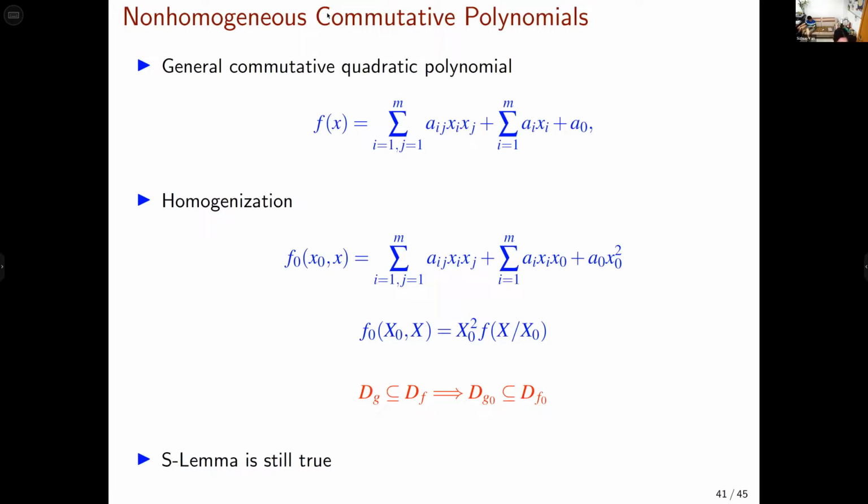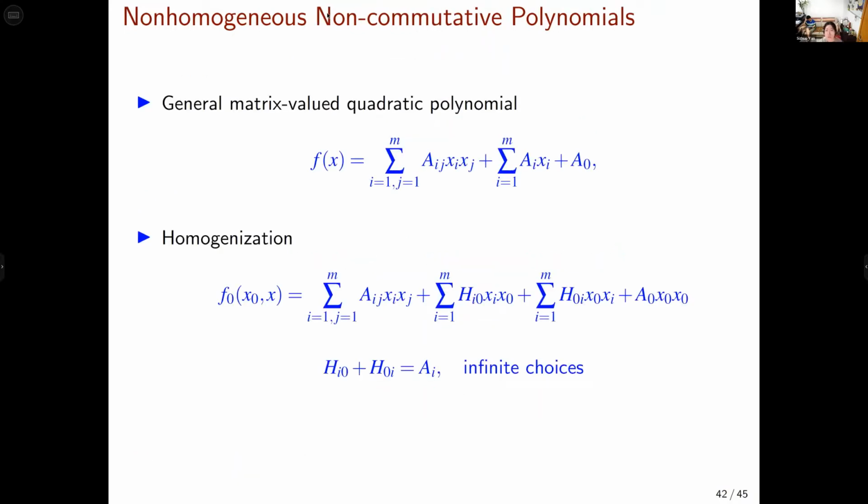The positivity domain of G is included in the positivity domain of F implies the positivity domain of the homogenization of G is included in the positivity domain of the homogenization of F. And since this property holds, we can show the S-Lemma is still true in the non-homogeneous case for the commutative case.